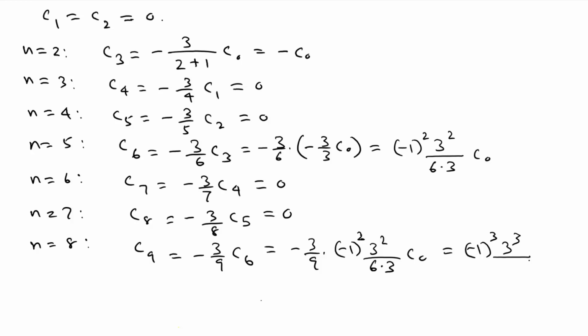In the bottom you're going to see 9, 6, 3, c naught. So you can see that we only get the powers of 3. So you get 3, 6, 9, and everything else is 0. So it might tell you something.